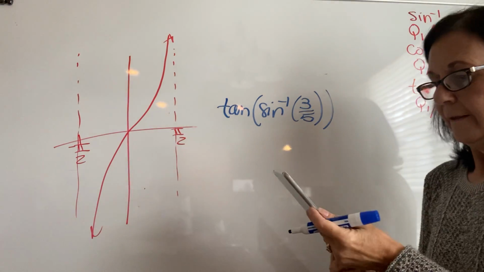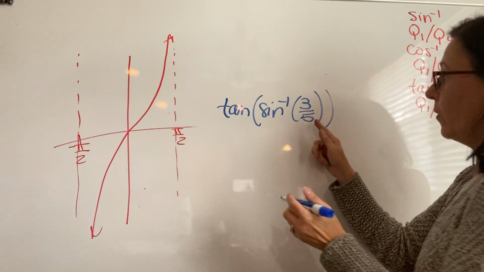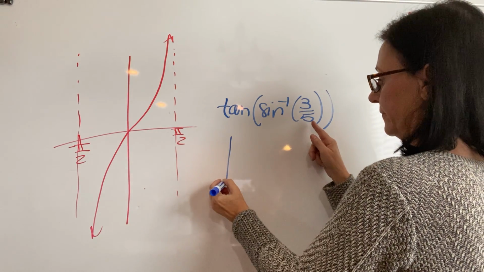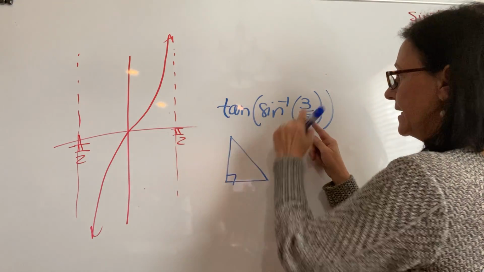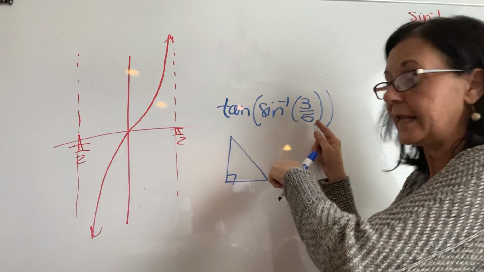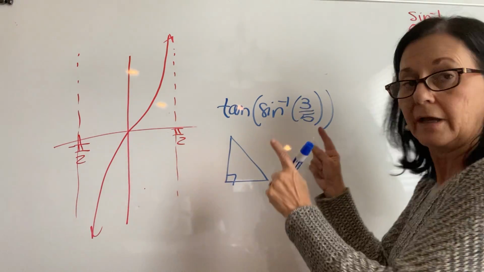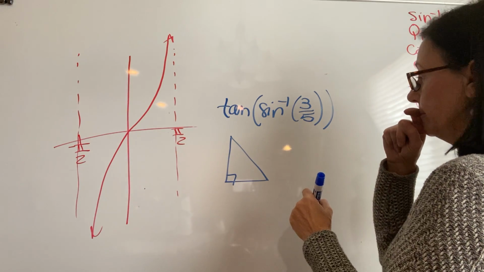Inverse sine is in quadrant 1 and 4. Tan is in quadrant 1 and 4. Where's this? It's in quadrant 1. So my tan's going to be positive, right? If this were in quadrant 4, then my tan would be negative. I have to think about what quadrant I'm in. That dictates the sign. All right?